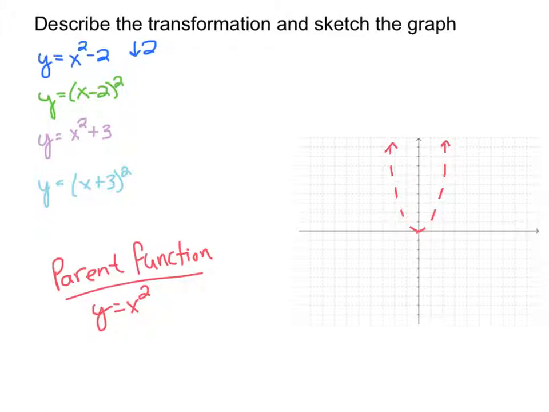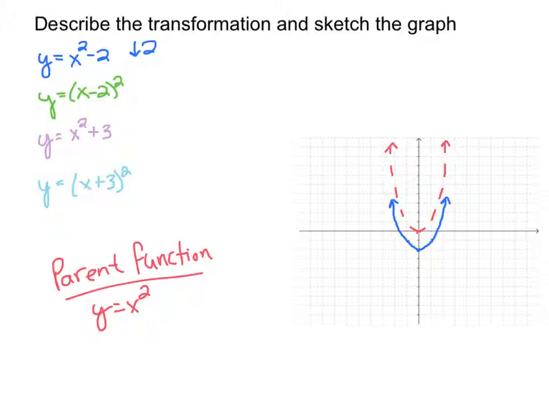Now I'm just going to take our parent function graph and move it down 2. The easiest way to do this is to take the origin, 0, 0, and perform the transformation off that. So we went from 0, 0, we moved it down 2, now we can draw our U.